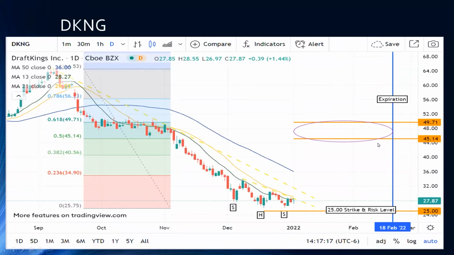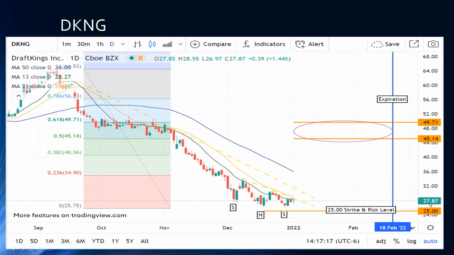Once again, we have a target area here. We use the 50% and the 0.618 from this high down to this low. We get these Fibonacci numbers. The 50% level is a typical trading target, once again, like I told you, with 0.618 being the extreme. Now, this is a nice move. Think about it. Let's just say the stock gets up there from the time this webinar was started to the time of the Super Bowl.